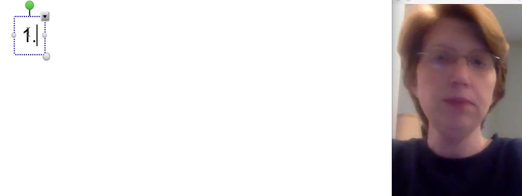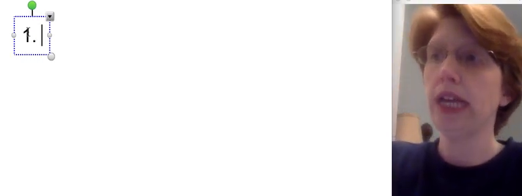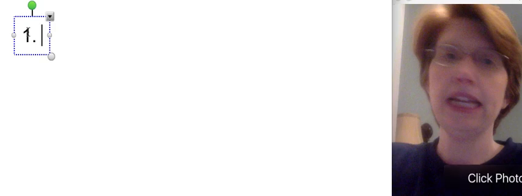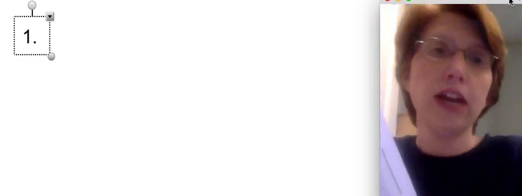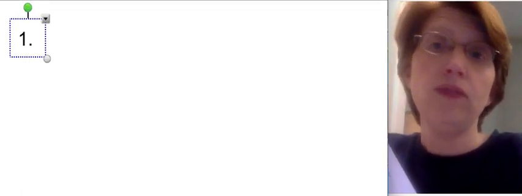Okay, now let's look. So for number 1, Mrs. Hill's classroom bulletin board is 10 feet long and 3 feet tall. How much border will she need to go all the way around the board? Okay, she is wanting border to go around the board. So our keyword there is around. We don't want to fill in anything.